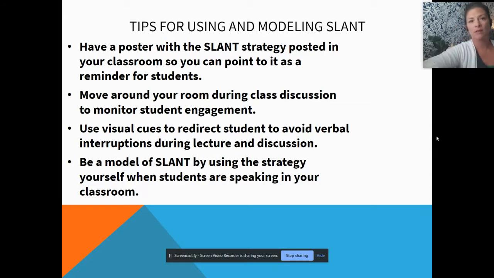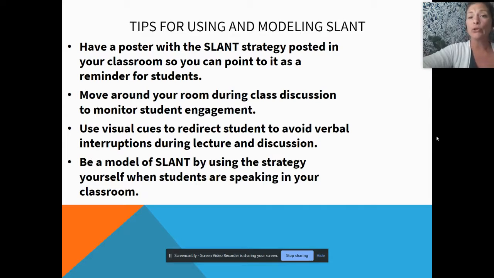So some tips. You will see the poster in my classroom. It is listed for you just to remind you about SLANT. When I move around the classroom, I want you to track me. I'm monitoring to see whether or not you're engaging in what I'm asking you to do for SLANT.